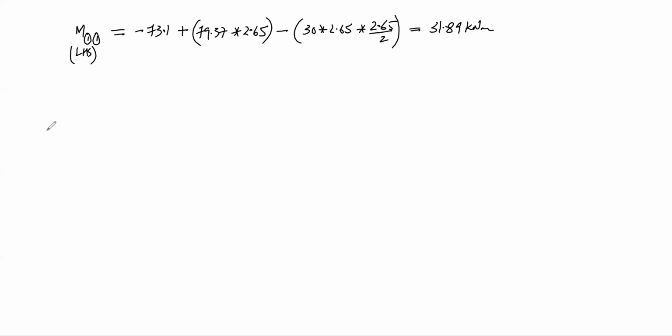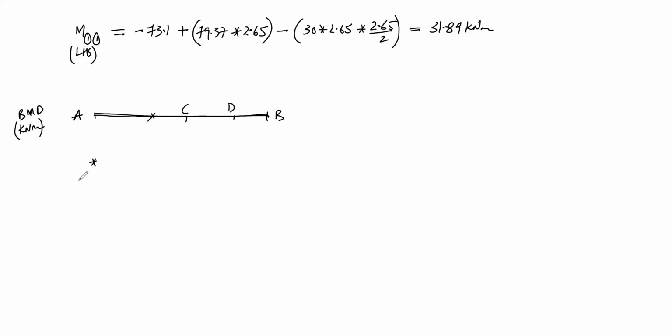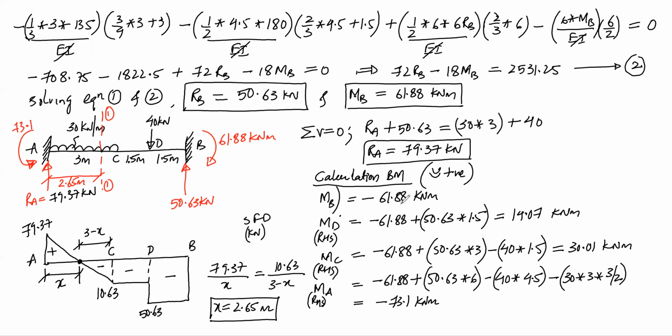Now we know moments at various points, so we can draw the bending moment diagram in kilonewton meters. So this is our reference. This is point A, point B, point C, this is point D, and somewhere here we have 2.65 meters from A. So moment at A is minus 73.1, and moment at B is minus 61.88.